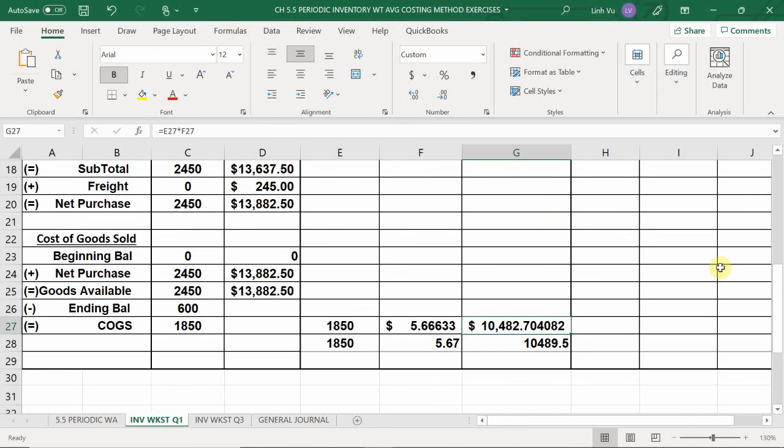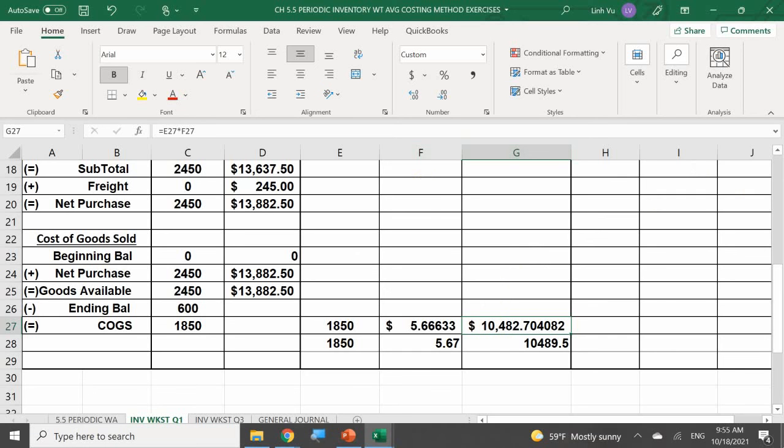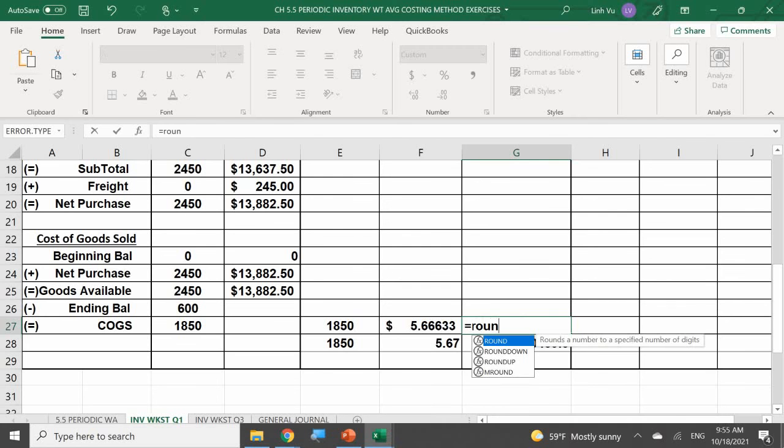So in this case, I'm going to teach you the equal round formula. If I click and press equal and type in round, what this does is take the number from the formula you're doing and round it off to a specific decimal point. You have your parentheses.